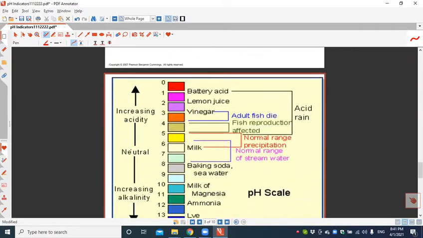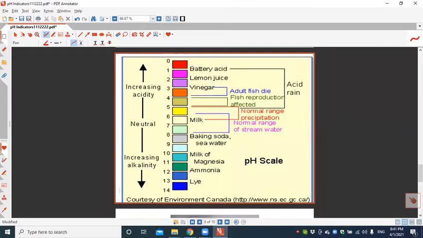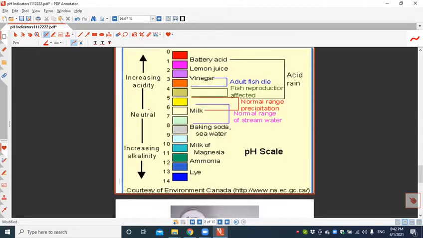Here we see the pH scale from 0 to 14 with some example substances: bases like ammonia, acids like lemon juice or battery acid, and at 7 distilled water, the most common example of a neutral substance.